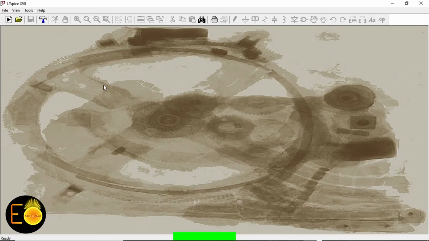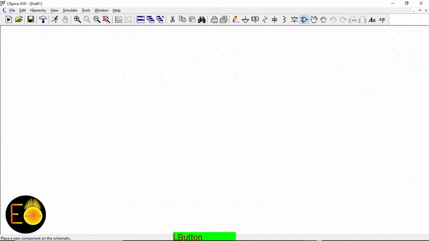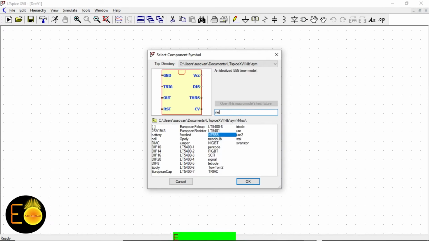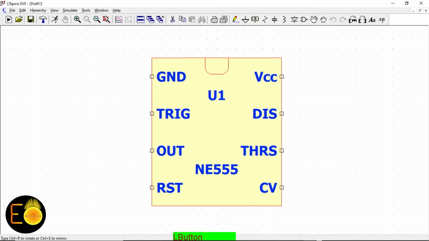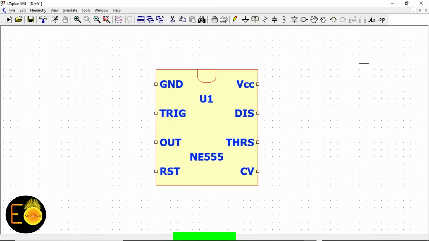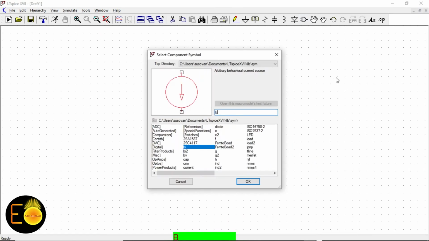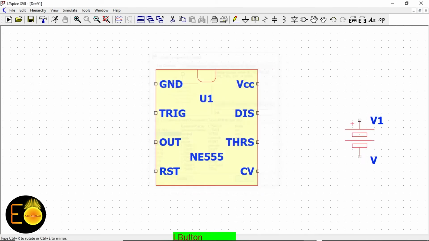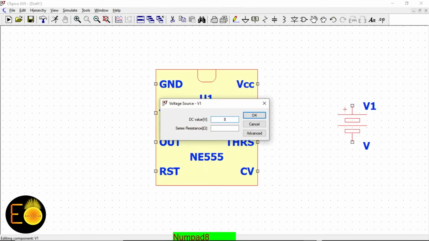Okay, so this is an empty LTspice. Here I'm going to create a new schematic, and get the NE555 IC. Now I'm going to get the battery for supply, which I'm going to use as 8 volt.